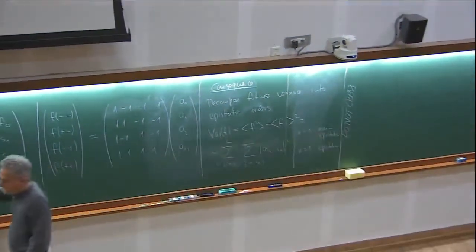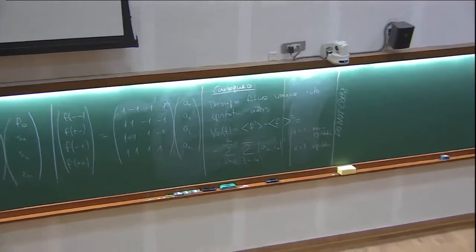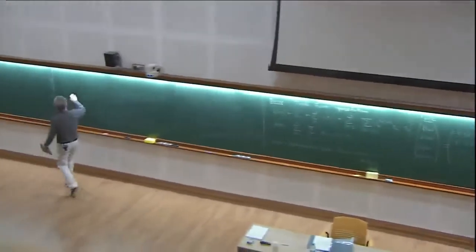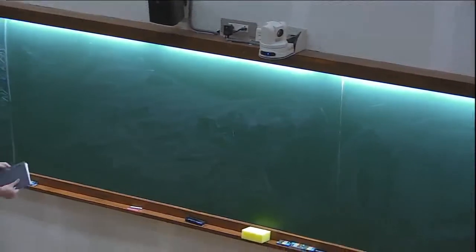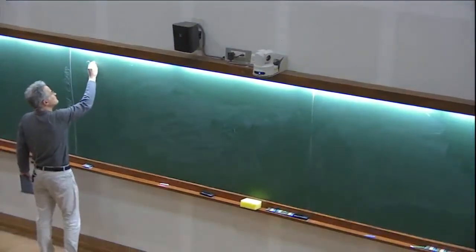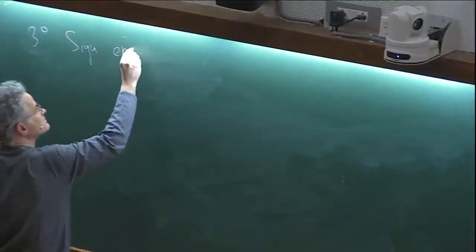And for this, we need a different concept of epistasis. And this is the concept of sign epistasis. Okay, so this will be the next part, which I think in my notes has a number 3, because yesterday I did something that had a number 2.